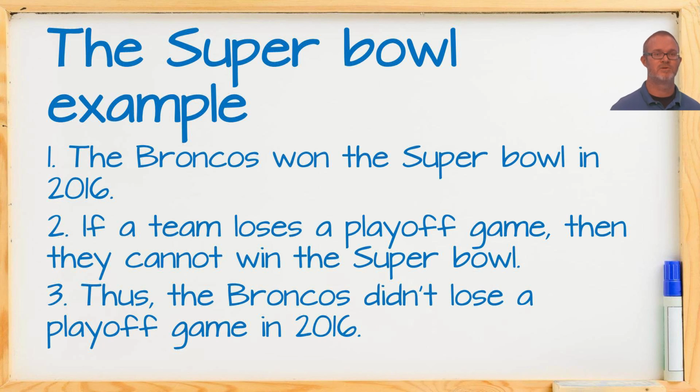Secondly, if a team loses a playoff game, they cannot win the Super Bowl. That, of course, is also true. They have to win all their playoff games to win the Super Bowl. And lastly, what necessarily follows is that the Broncos didn't lose a playoff game in 2016. That also happens to be true. So we have here a valid argument with true premises and a true conclusion, which happens to be sound.